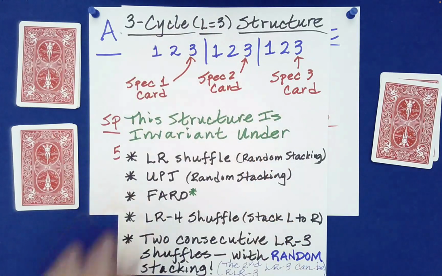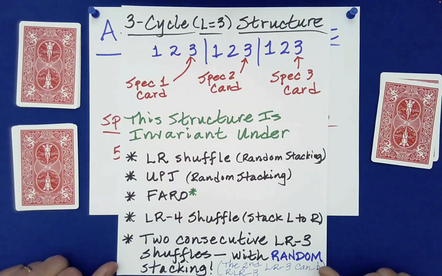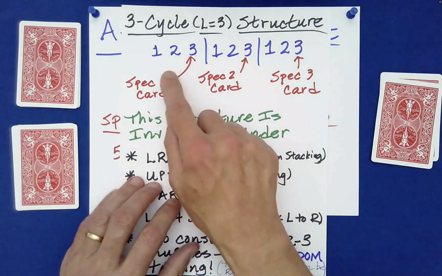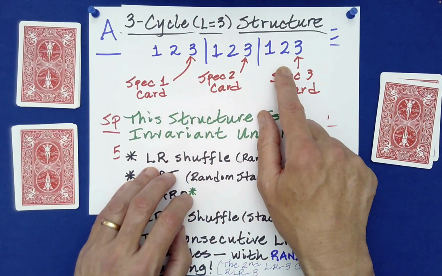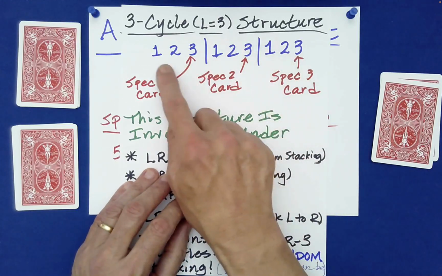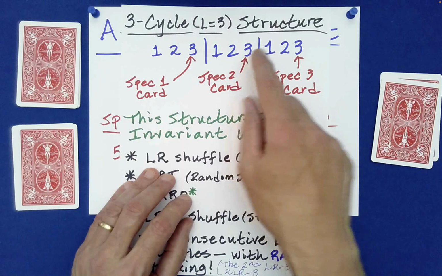So this is a 3 cycle with cycle length 3. That's how we get the 9 cards. So what I've done is I've written down the archetypal 3 cycle with cycle length 3. So I have a 1, 2, 3, 1, 2, 3, 1, 2, 3.